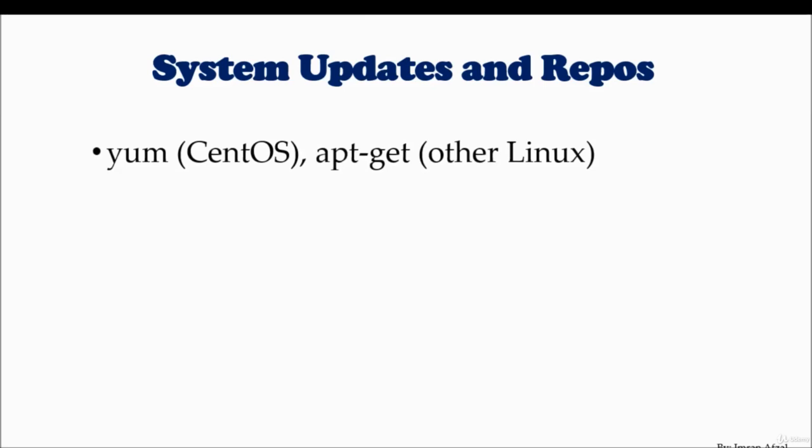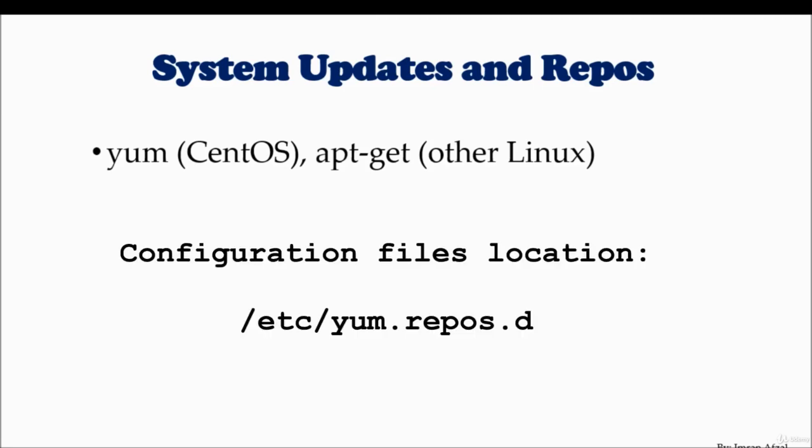Yum command is mostly used in CentOS or in Red Hat environment, whereas apt-get is another similar command that is used in other Linux distribution servers. Yum command installs a package from the repositories that are defined in your Linux system.